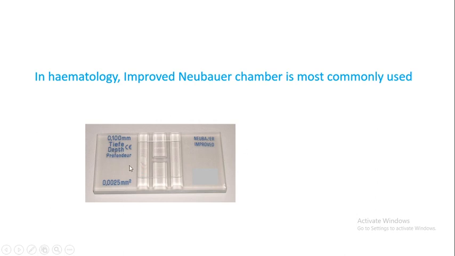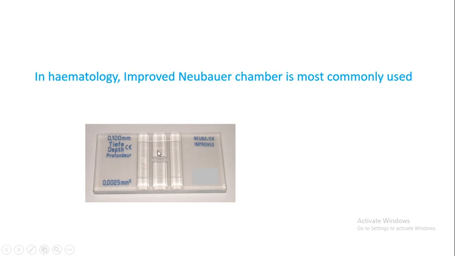In this counting chamber, it has 3 parallel platforms. These 3 platforms are separated by 2 grooves. In the center of the slide, there is an H-shaped groove. On the 2 sides of the central bar, there are scales for counting the blood cells.